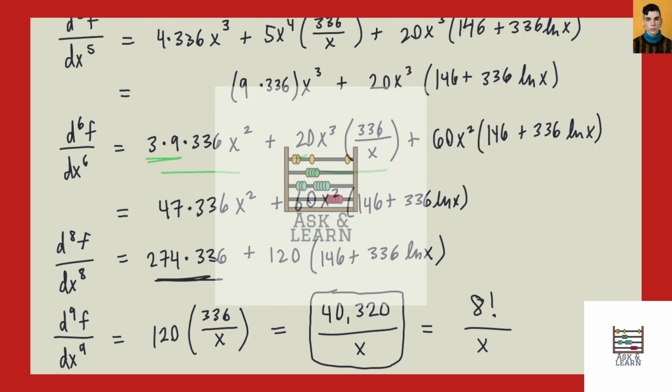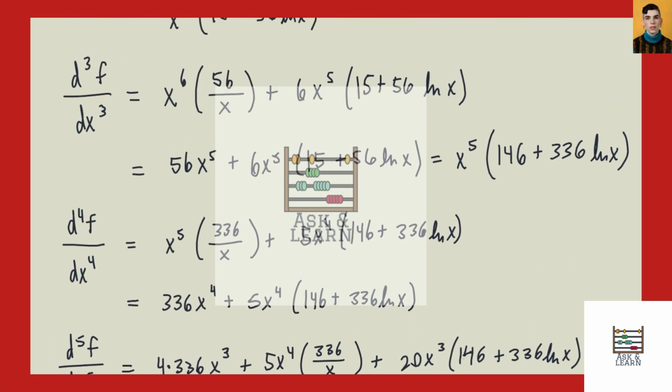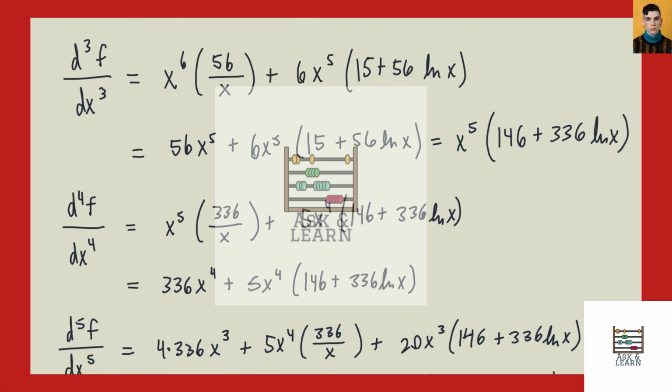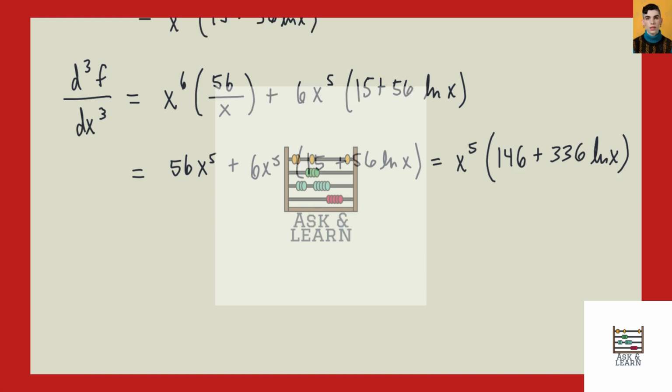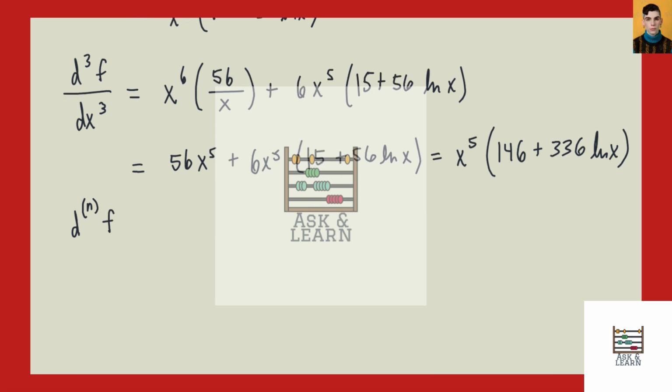Another way to have solved this is we could have stopped at the third derivative and looked for a pattern. So I'm going to make some space here. So we have that the nth derivative of f is equal to, okay, so I see that we have a factor of x to the fifth power in our third derivative.